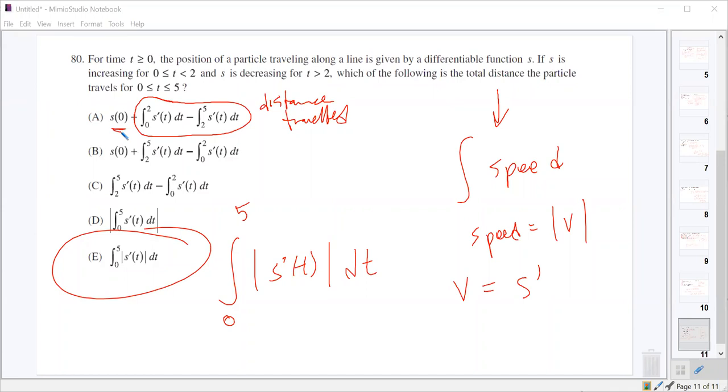And then C looks close to right, but C has got the negative on the 0 to 2 and the positive there. This would give us the opposite of the total distance traveled. So, all right, let's see if that answers everybody's questions on that.